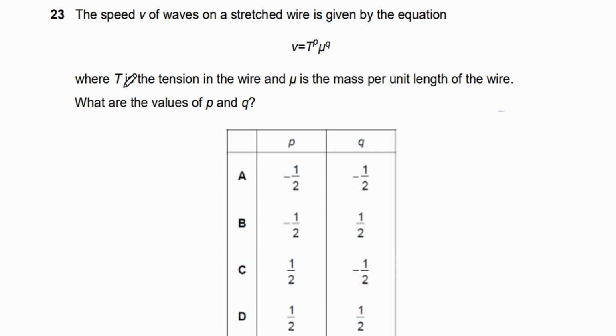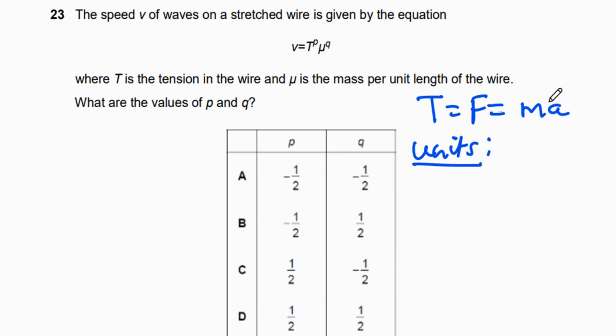Now, we're told that T is the tension in the wire. Tension is a force, so T equals F, which equals ma. Then the SI base units will therefore be kilograms for mass and meters per second squared for acceleration.